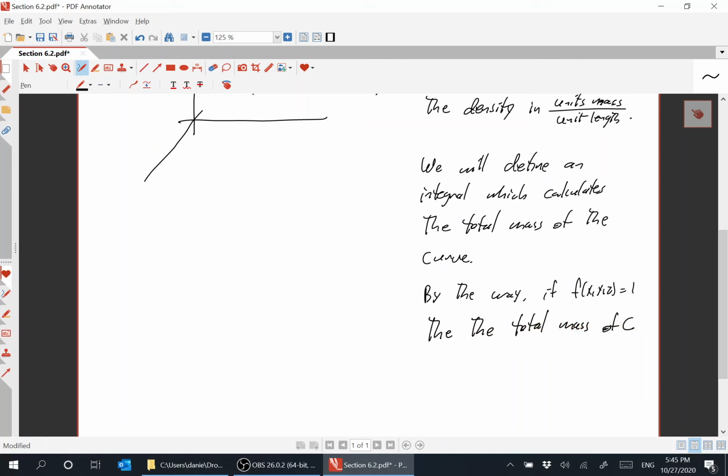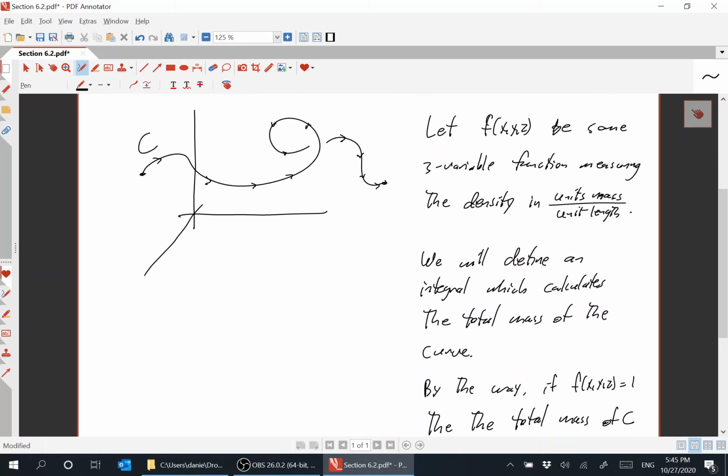The total mass of C is equal to the length of C.